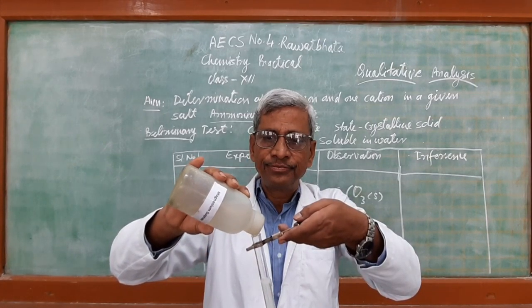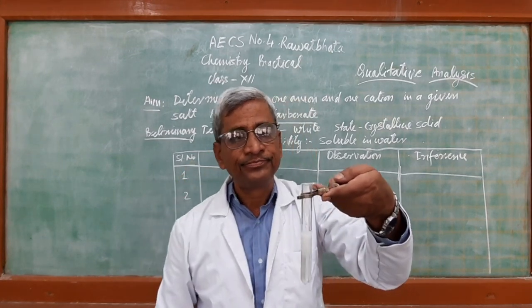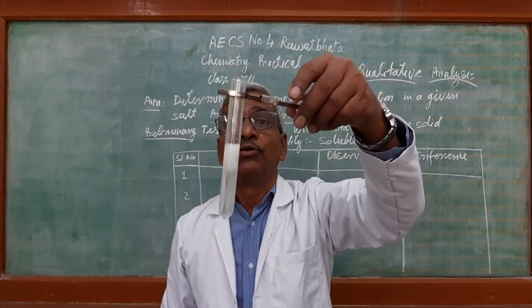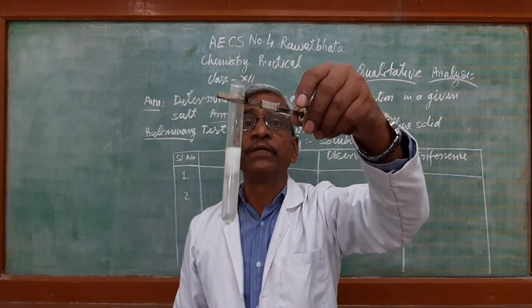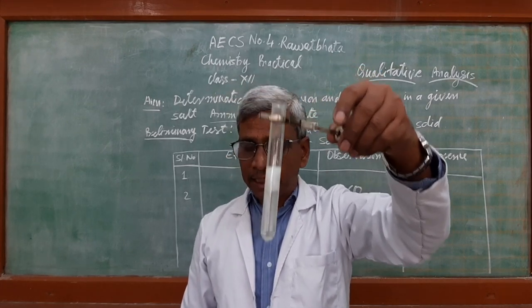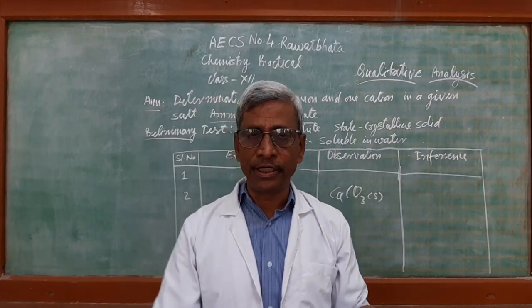Dropwise. It will come out in the form of drops. Okay, now you can see the change. White precipitate appears, floating. This is because of the formation of magnesium carbonate.